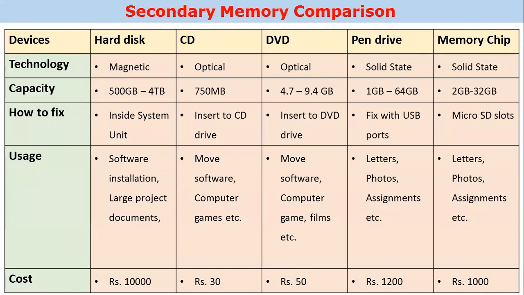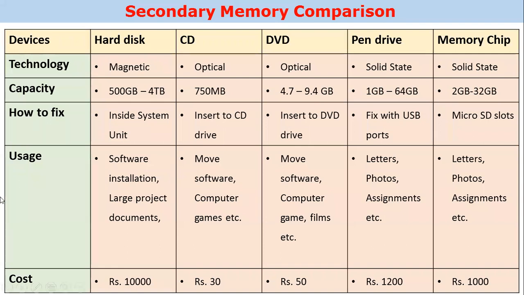Pen drive is normally 1,200 for 8 GB, or earlier I think 16 GB pen drives you could also buy from 1,200. I am not sure it is currently available at that price. Memory chip is also like that; for 1,000 rupees you can get a 2 GB memory chip. Okay, that's about the comparison of secondary memory.